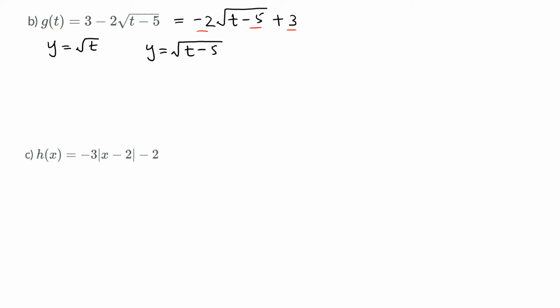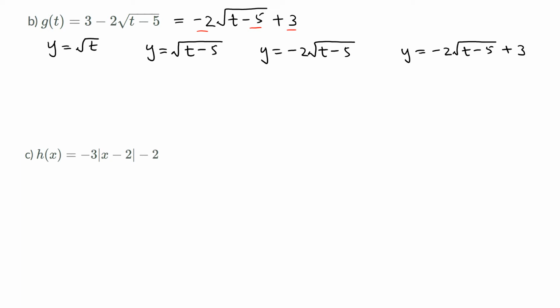And then we're going to multiply by -2 as last time, so it's -2 square root of (t minus 5). The -2 is going to do two things: it's going to reflect about the x-axis, and also scale by 2. And then finally we have y equals -2 square root of (t minus 5), and then you just lift this function by 3 units.